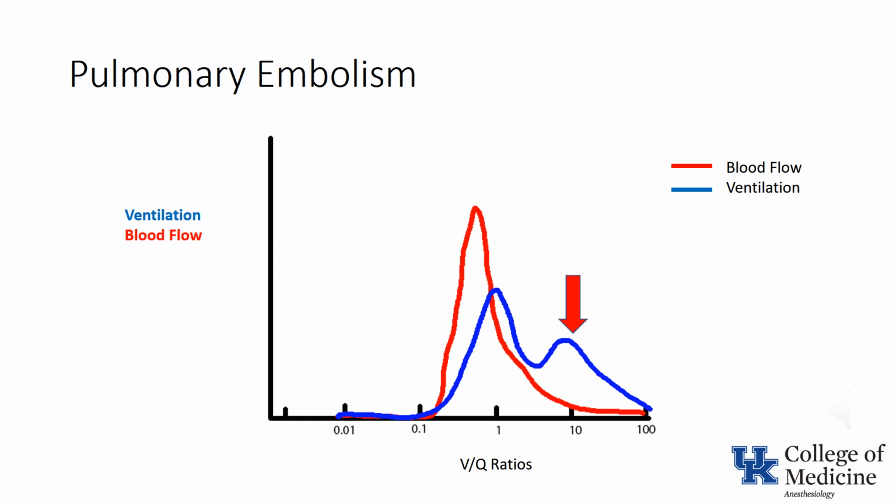These would have appeared as a dot on the far right side of the graph. Additionally, there may well have been lung units with low but finite VQ ratios, that is, relative shunt, as all the blood flow was diverted to one lung, while ventilation initially continued unchanged to both lungs.